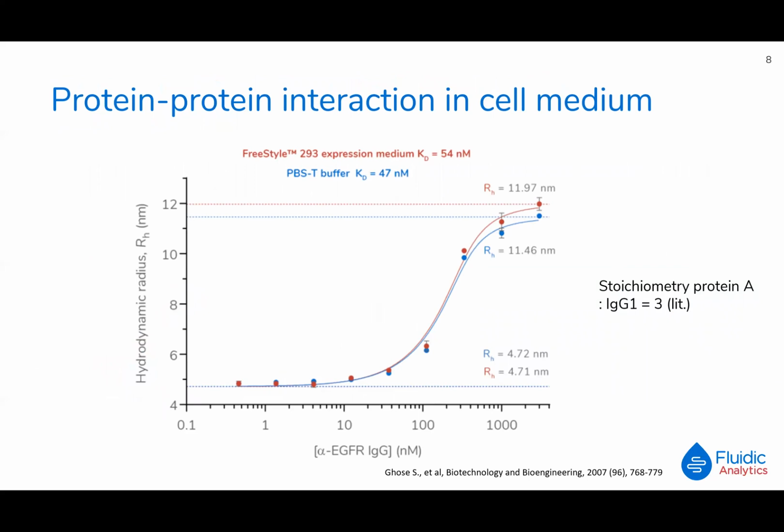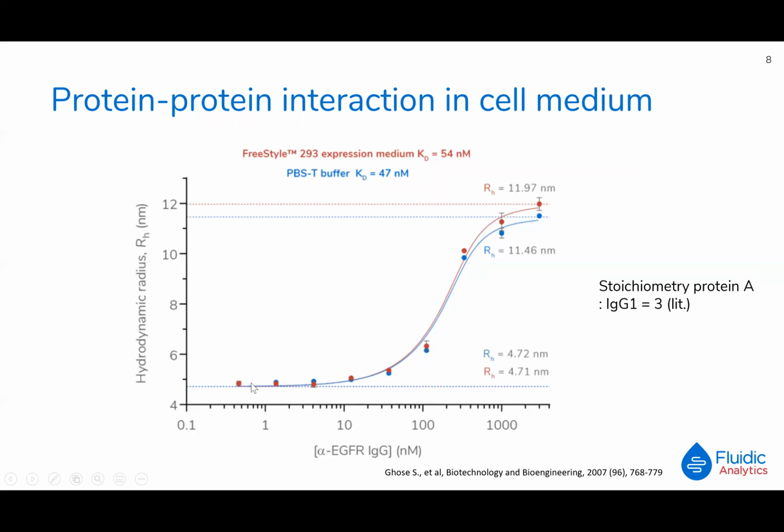So we also looked at the interaction of two proteins in two different buffer backgrounds, in PBS and in cell expression medium. Here we were looking at the interaction of protein A with IgG. As with the previous study, we kept the concentration of the labeled protein A constant and varied the concentration of the unlabeled binding partner IgG.